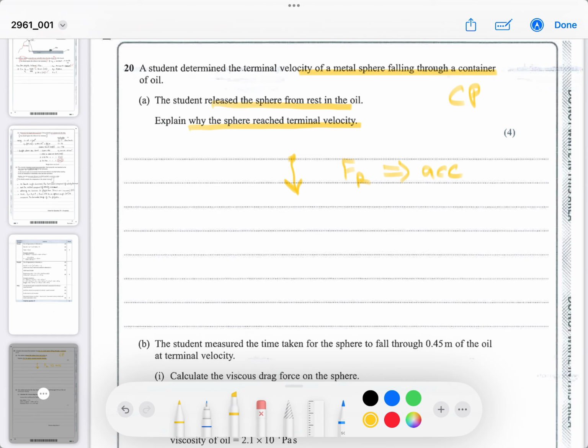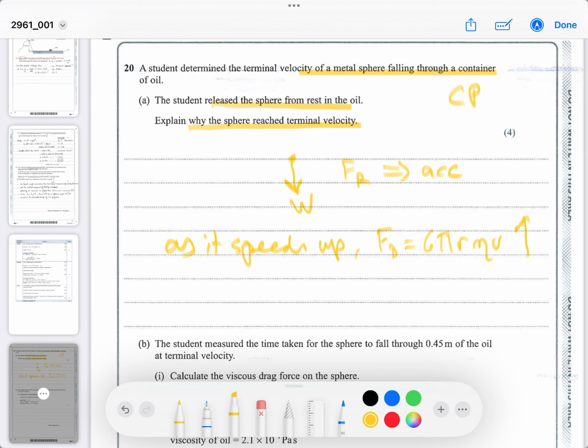Okay, so the sphere accelerates, so the resultant force is only due to the weight, there's no drag. And then as it speeds up, you get a force due to drag, which is 6 pi r eta v.